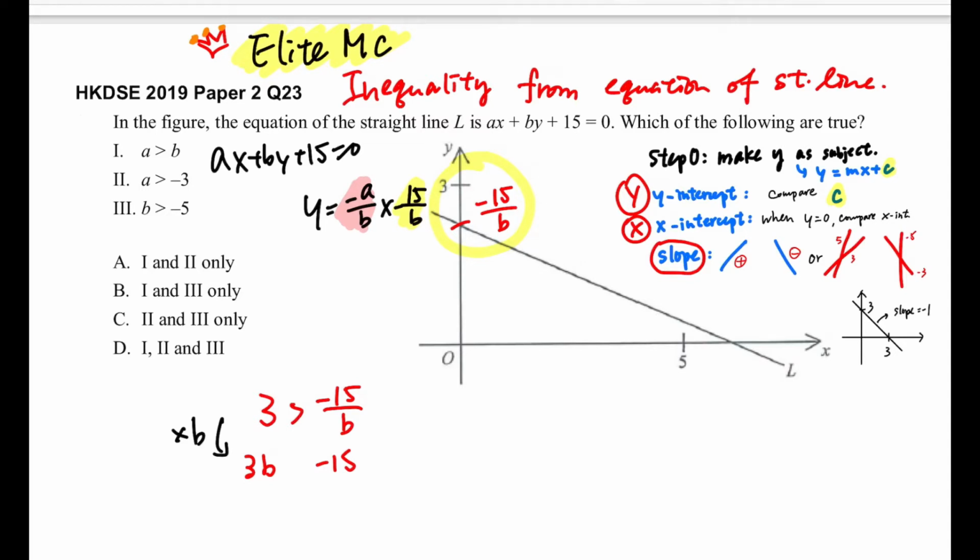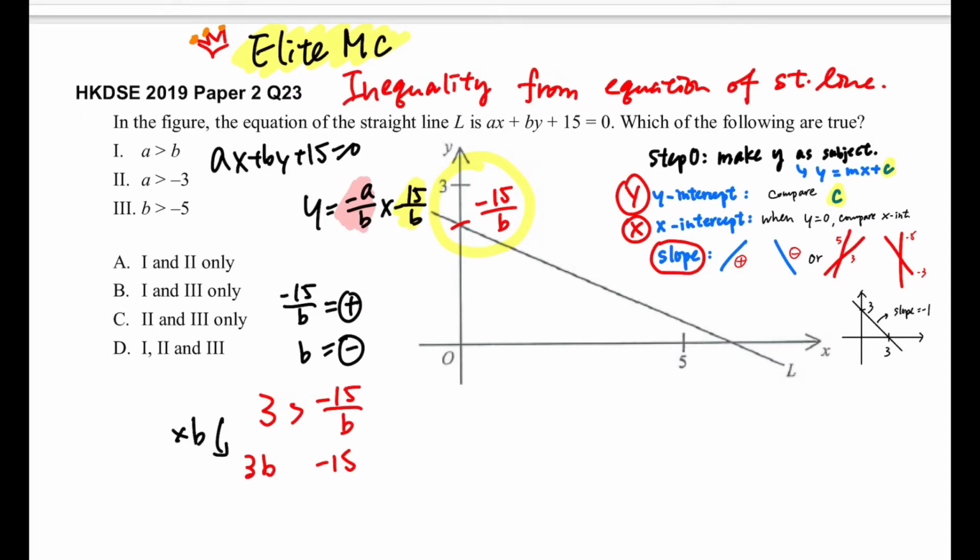Okay, in this whole idea, negative 15 over b is a positive number. How come? Because it is above the x-axis, it is a positive number for y, so the whole number is positive. And if the whole number is positive, b has to be a negative number, so that negative 15 divided by a negative number, negative times negative, will be positive.